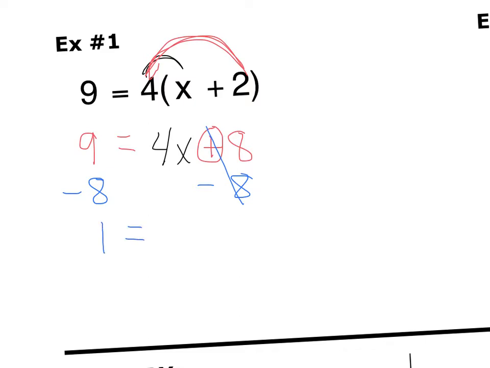So we have 1 equals 4x. And then when you have multiplication, 4 times x, you want to undo multiplication with division. Divide each side by 4. So those 4's cancel, and we have x left and 1/4 on the other side. So x is 1/4. Alright, let's try another example real quick.